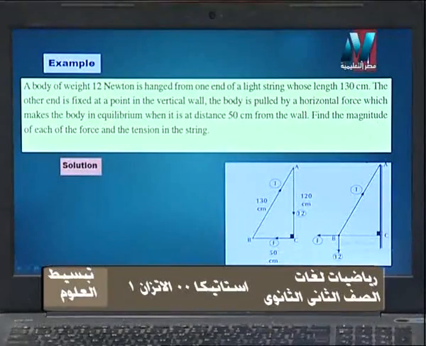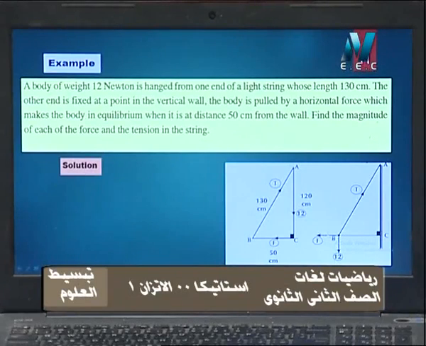Pay attention to the drawing here. We have three forces. The body, its weight equals 12, as he said here. A body of weight 12 Newton. And the body always acts downward, vertically downward. And we have a force.